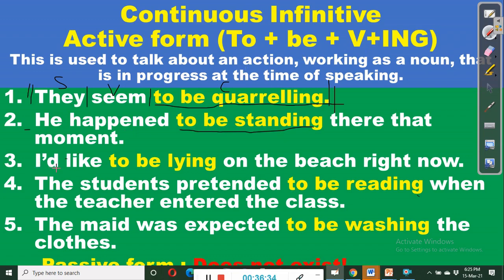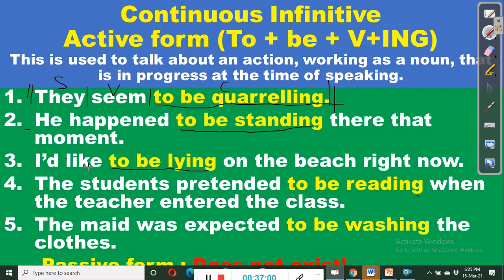Now, example 3, I'd like to be lying on the beach right now. Now, the continuous infinitive here is to be lying. Again, you can see that it behaves like a noun.